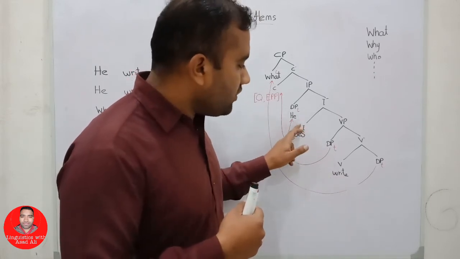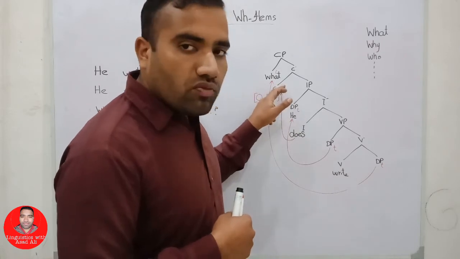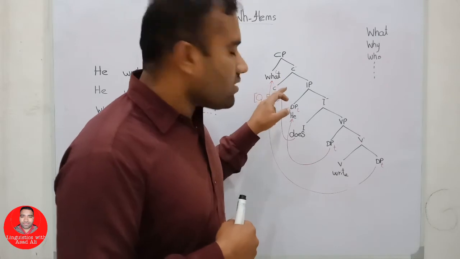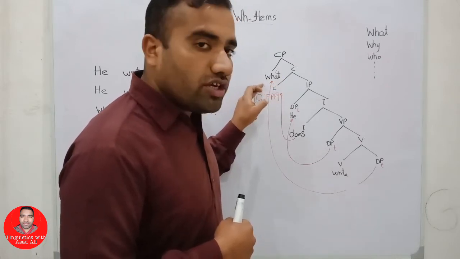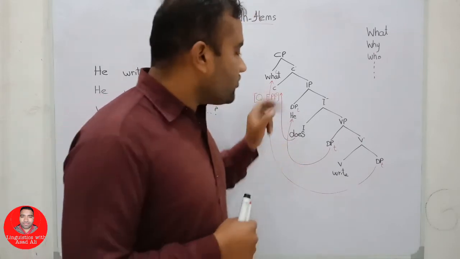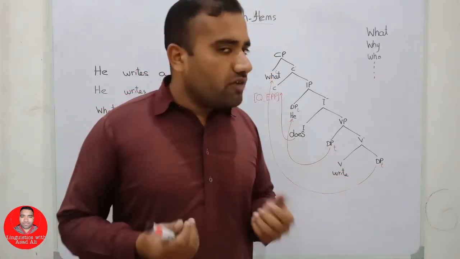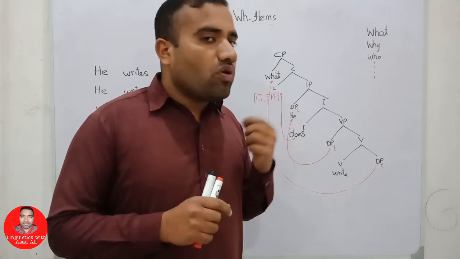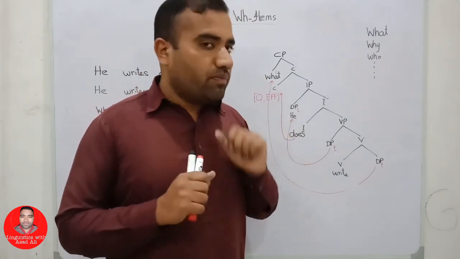If we enter the I domain, we have the head, and if we enter the C domain, we have the head. The requirement of this C is that it takes the lower head at its head position, because heads are strong and weak.